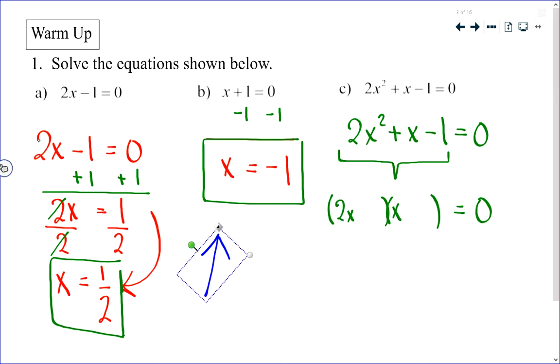And we need an x in each term because when we FOIL this out, we're going to need a middle term that has a linear property. In other words, we need x's.